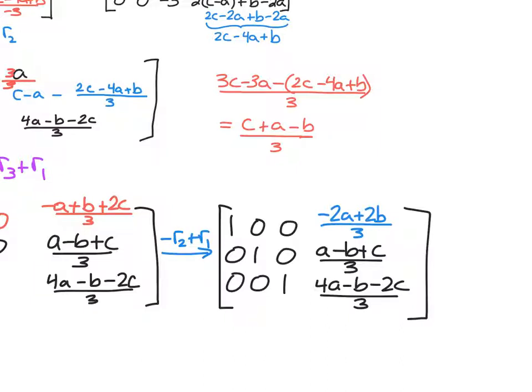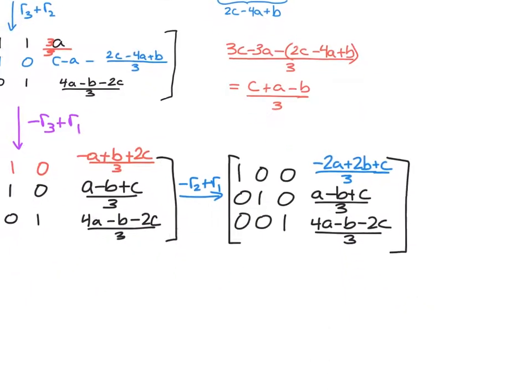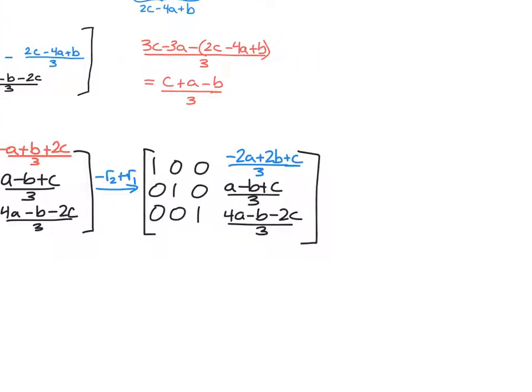Negate this, add it to that, negative 1 plus 2 becomes 1, so 1C, so plus C. So the solution exists.